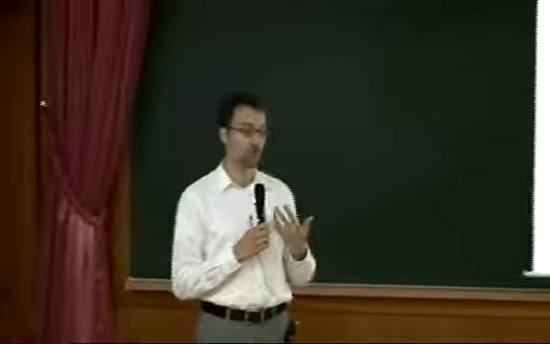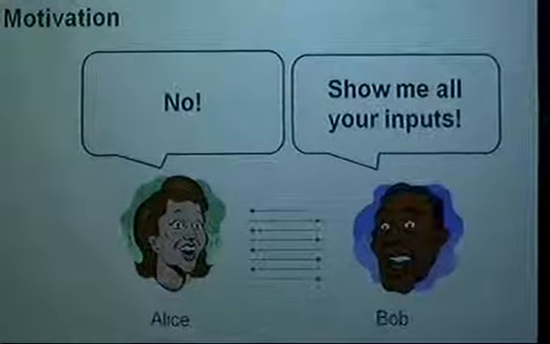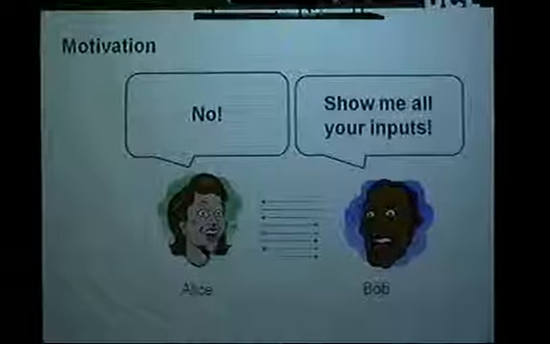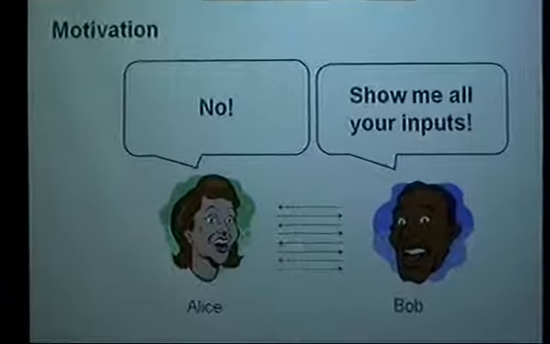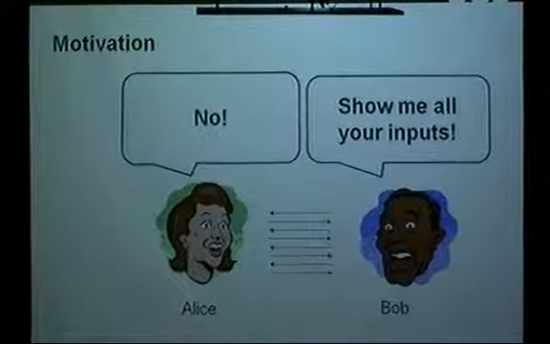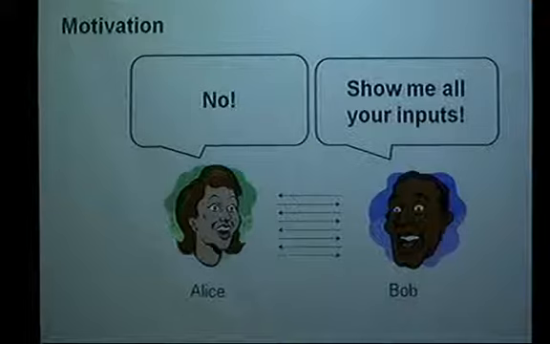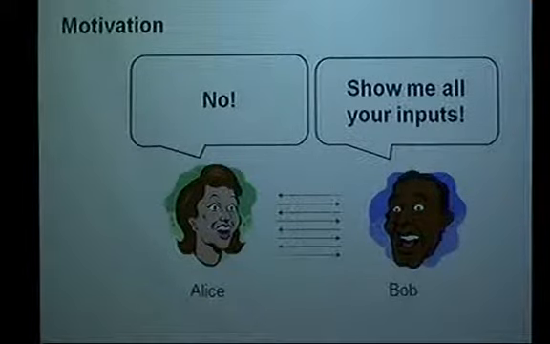It's not like she wants to put herself in a bad light, but she doesn't want to reveal anything else beyond that. Okay? So there's this very fundamental clash between privacy on one hand and verifiability on the other hand. And zero-knowledge proofs can help us overcome this difference between privacy and verifiability.